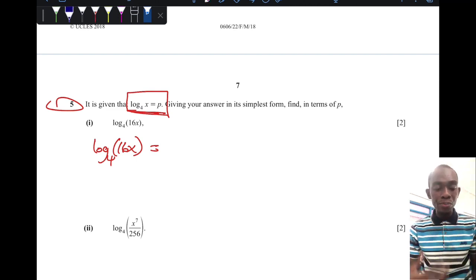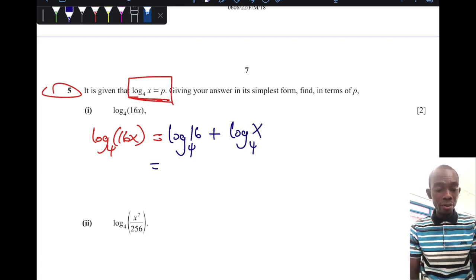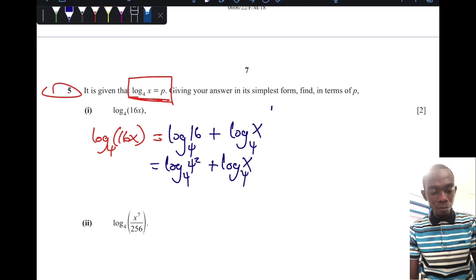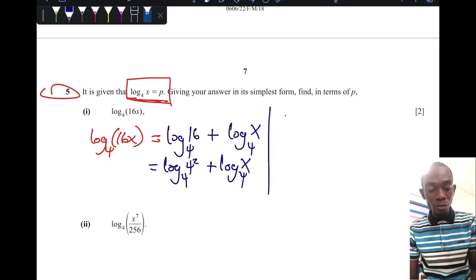When you open up the bracket, you have log 16 base 4 plus log x base 4, right? Now 16 is 4 squared, so you can write log 4 squared base 4 plus log x base 4, right? Then this 2 here goes back. So if it comes here, then you have log 4 base 4, and log 4 base 4 is 1. So that means that you are left with 2 there, so you have 2.